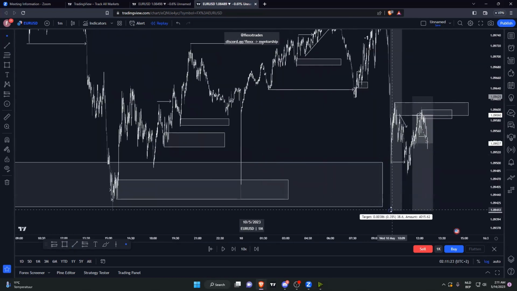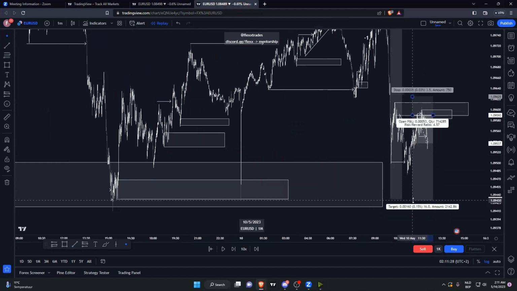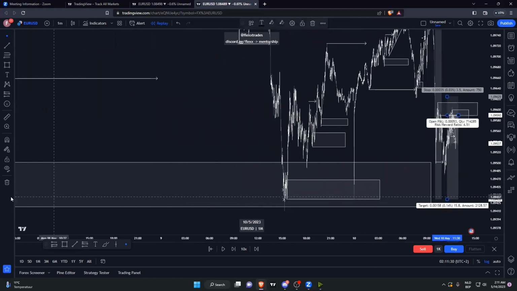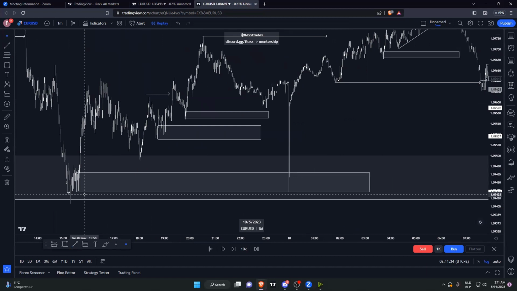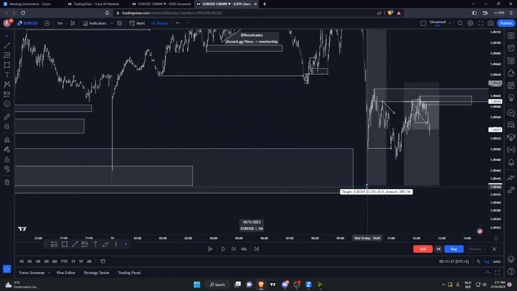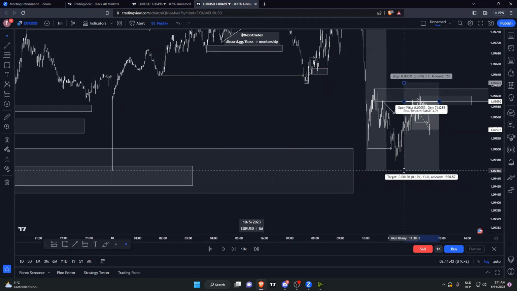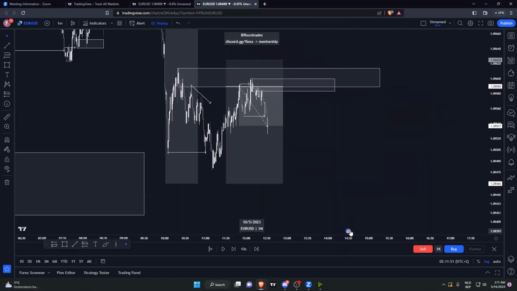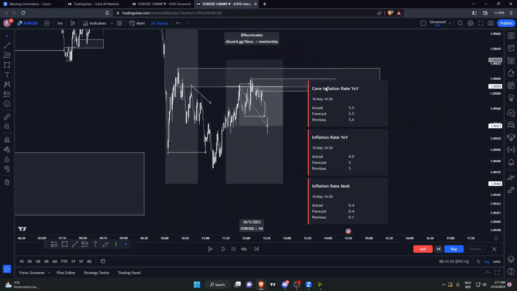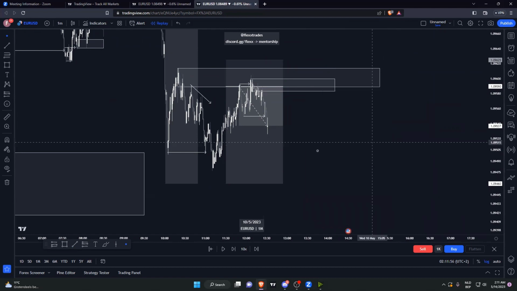Also, where am I taking profit? I'm taking profit here. I don't want to take profit there because that is the liquidity sweep of that low. There's not much liquidity there as that is the essential bounce. So we're taking profit. Let's take it here. Let's not be too greedy, because of inflation.